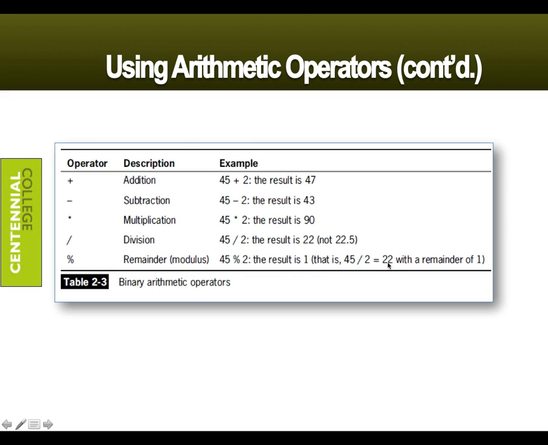Well, it goes 22 times into 45, and then the remainder is 1. So the result of 45 % 2 is the remainder, which is 1, not 22. 22 is the division, and when you ask for the remainder, it's percent, and you get the remainder only. So again, those are the 5 basic arithmetic operators.